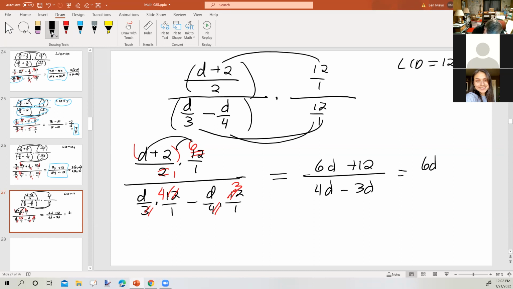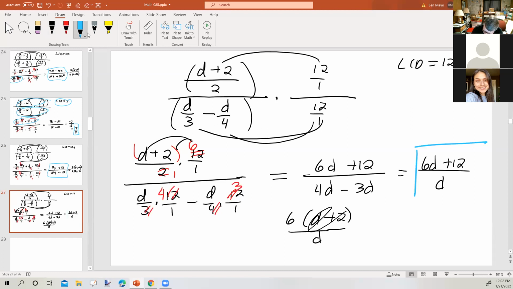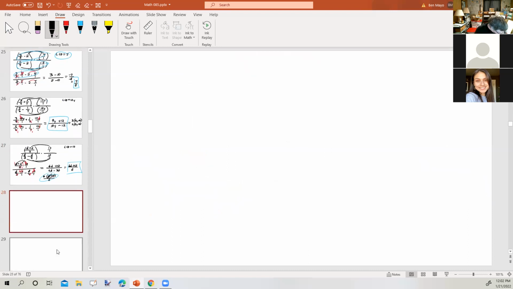So I've got 6D plus 12 over D. I can factor a 6 out of the numerator to get that, but the D's don't reduce out. So again, I'm just going to go back to that step. But I always want to look and see if there's something that can be reduced out. All right. Any questions there? Okay. Let's take a look at this one.